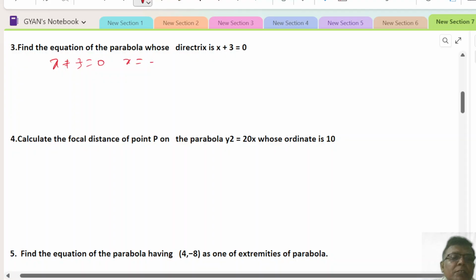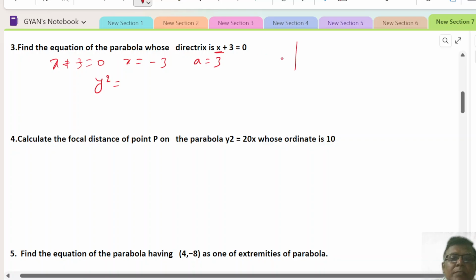That means x is equal to minus 3. Then a is equal to 3.